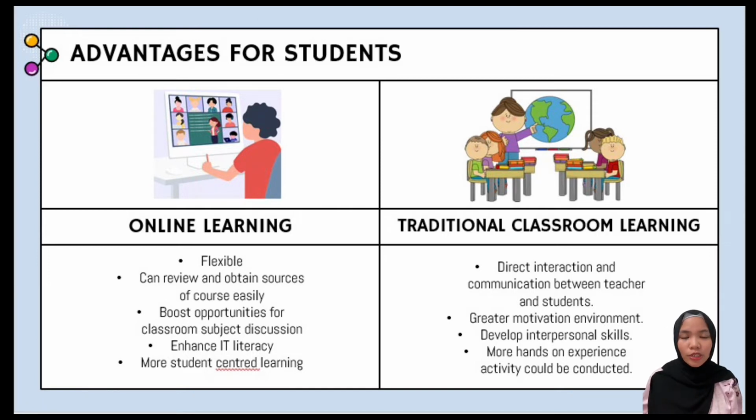For traditional classroom learning, the first advantage is the direct interaction and communication between teacher and students. Therefore, students can easily ask questions and interact with the teacher and friends during the class session. Next, traditional classroom learning gives a greater motivation environment.